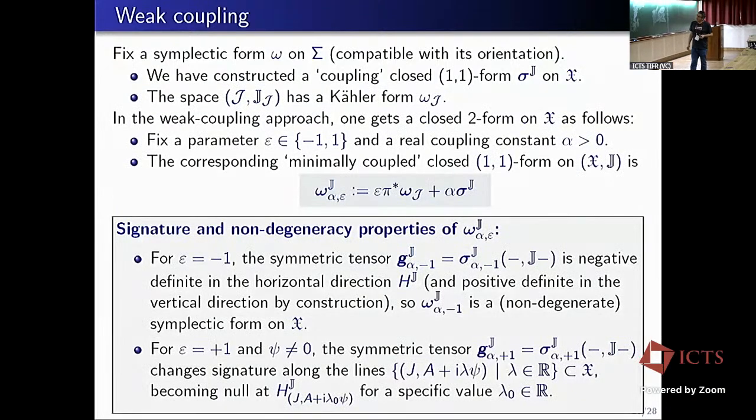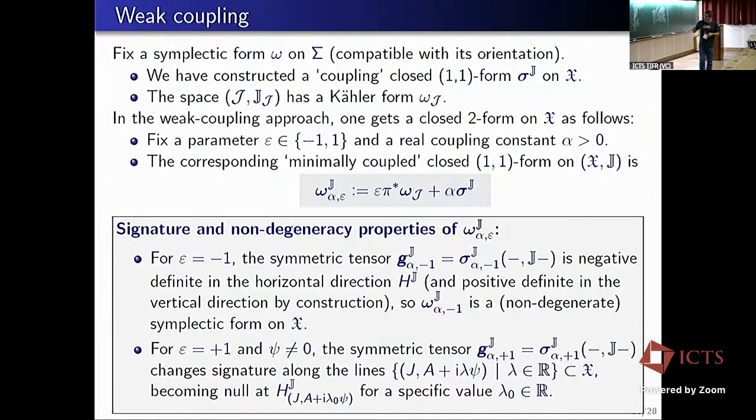And as I said, it depends on the choice of sign of alpha, or if you want to keep alpha positive, you can just multiply this first part by plus and minus and change the sign. We choose this convention. So we have two possibilities here. In the -1 case, the symmetric tensor is non-degenerate. Okay?